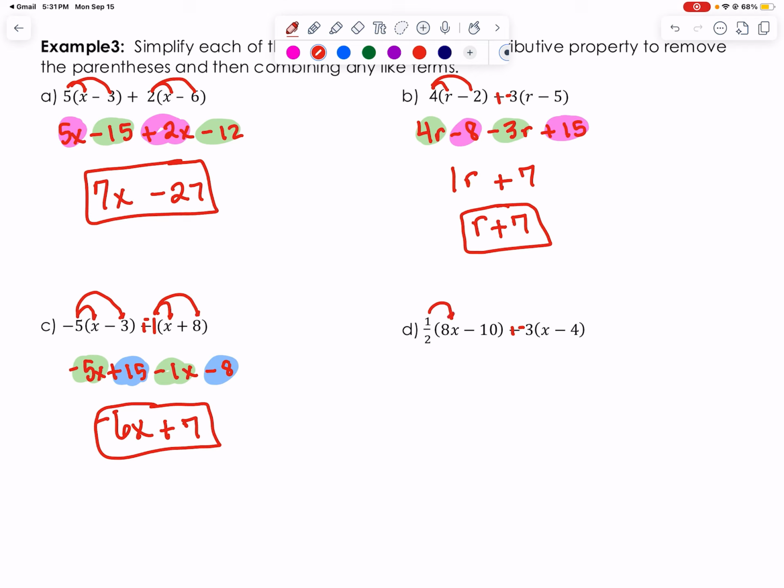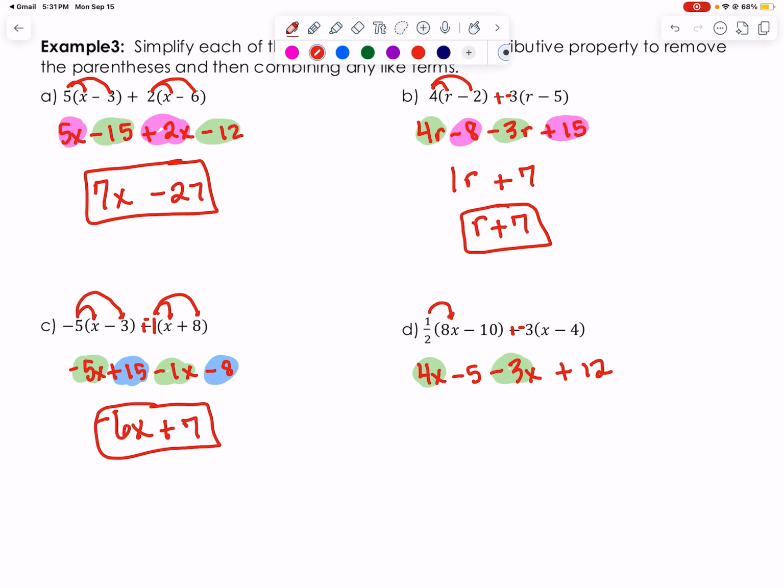1/2 times 8x is 4x. 1/2 of -10 is -5. Now -3 times x is -3x. And -3 times -4, +12. Check that step with mine. All right. In the next step, you should combine like terms.